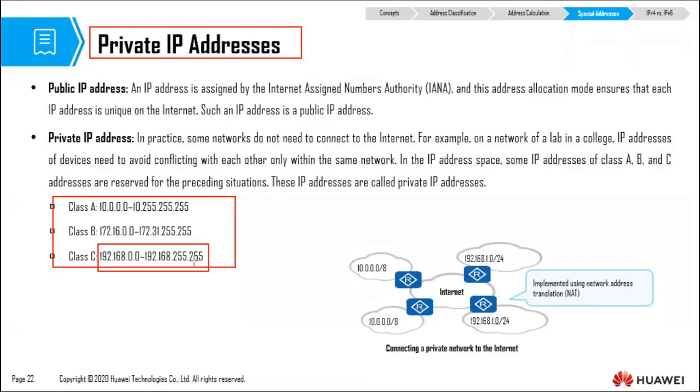The 172 range is the class B private address range, and 10.0.0.0 all the way to 10.255.255.255 is the class A range. So expect a question whereby you're given an address and asked whether it's a private or public address.